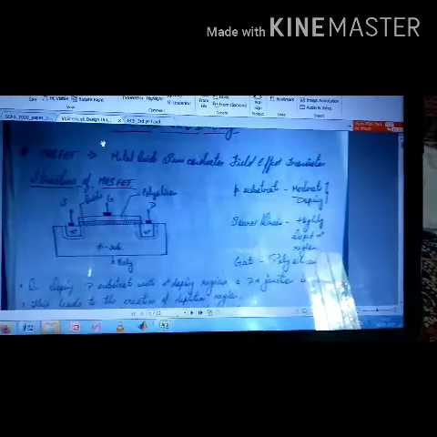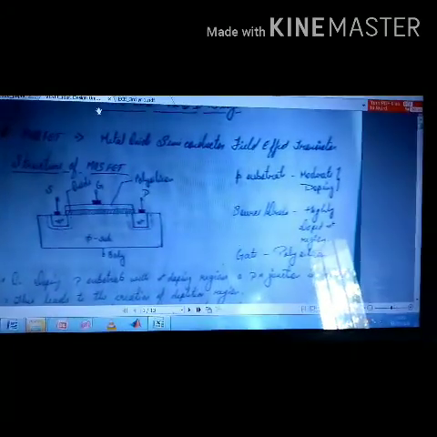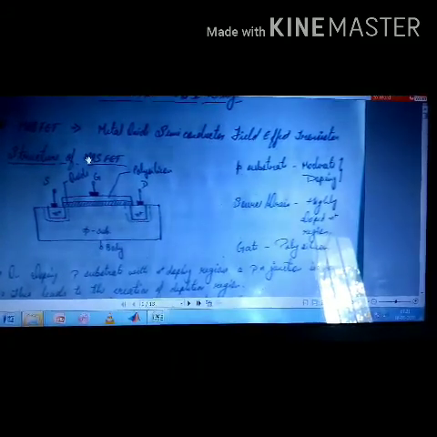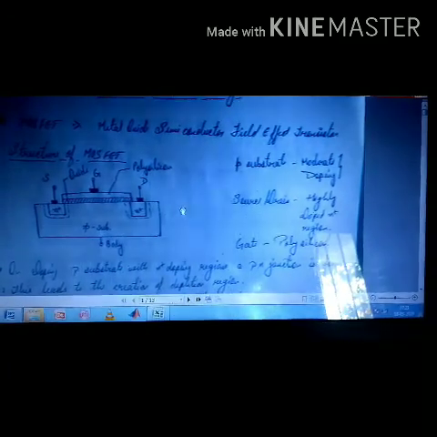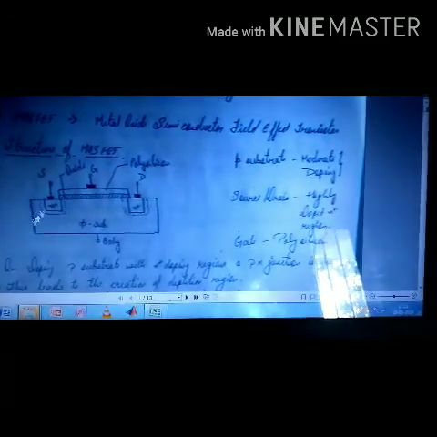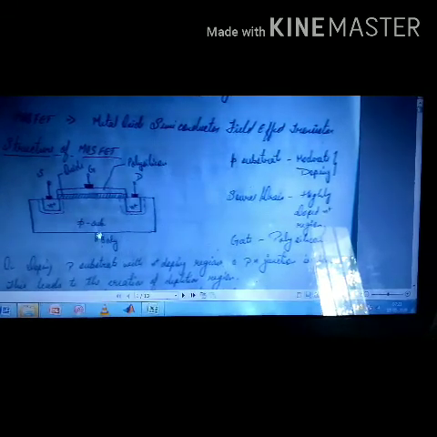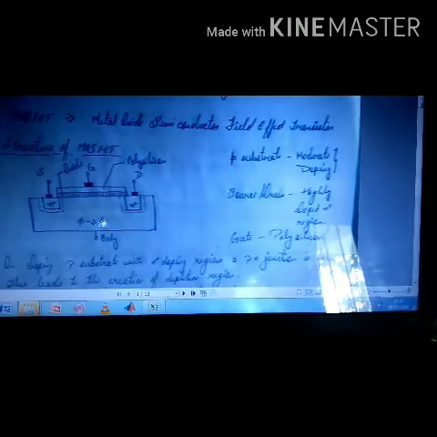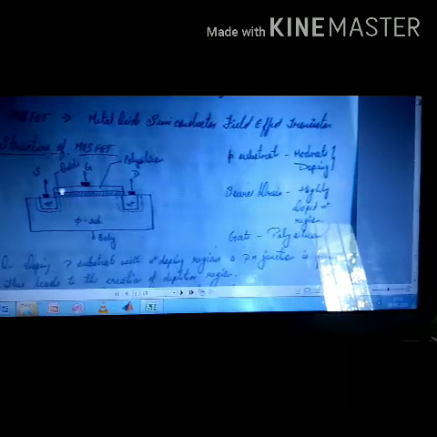Then comes metal oxide semiconductor. Metal oxide semiconductor means the different components which are inherent to the structure of MOSFET. This is a basic structure of MOSFET, which starts from a P substrate, which is the body of the MOSFET. We have here source contact and drain contact, which are connected by a gate.